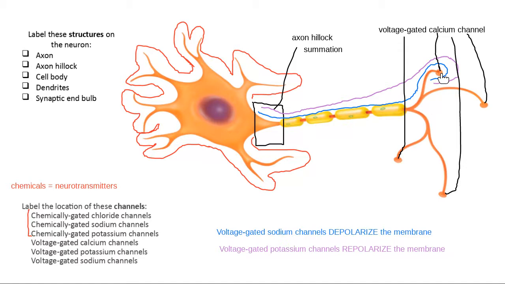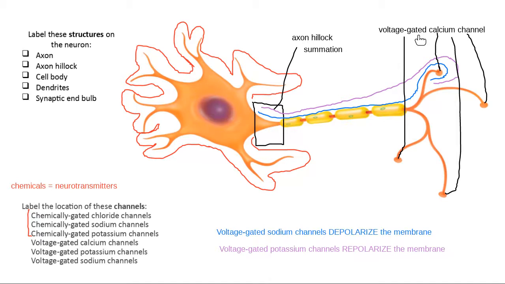Now, the question that I got from multiple students was related to the review assignment, where it asked about the kinds of channels found at the axon terminal. We all know that we've got voltage-gated calcium channels there, because I use that calcium to spit out my neurotransmitters.